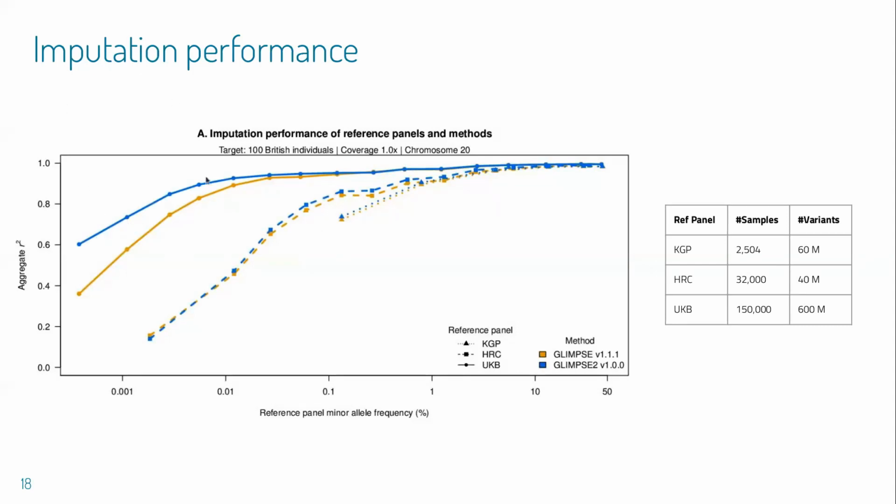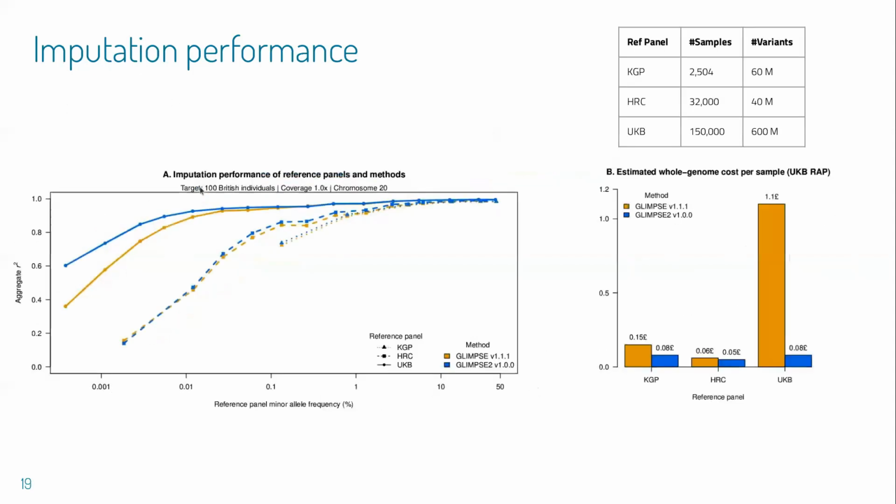Importantly, these improvements are also achieved with a fraction of the running time. And you can see it here. For the UK Biobank reference panel, GLIMPSE version 1 will cost more than £1 per sample whole genome, while GLIMPSE version 2 keeps the cost under 10 cents. And this is crucial because we need to keep the cost extremely low if we want low coverage whole genome sequencing to be widely adopted.